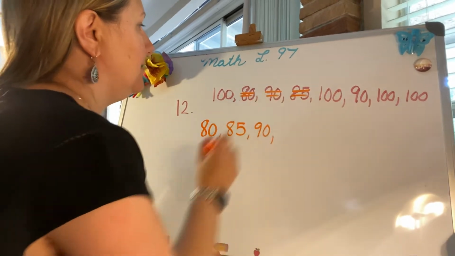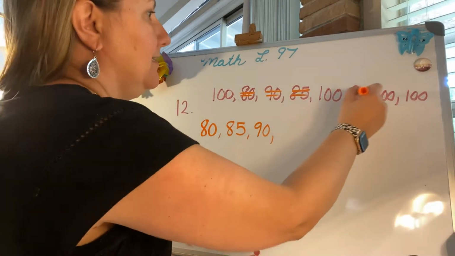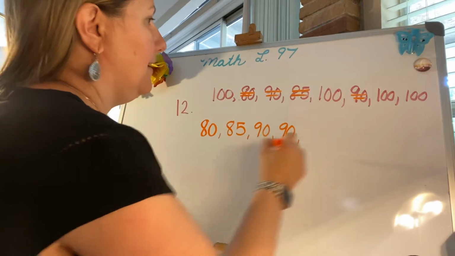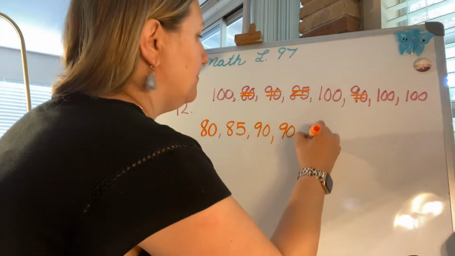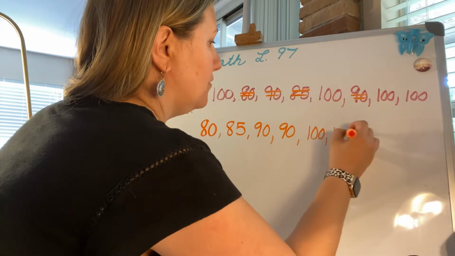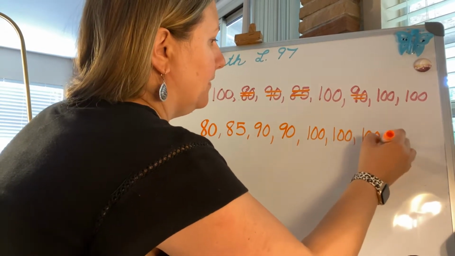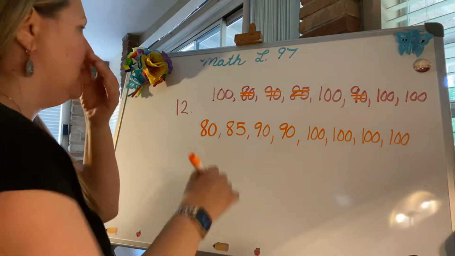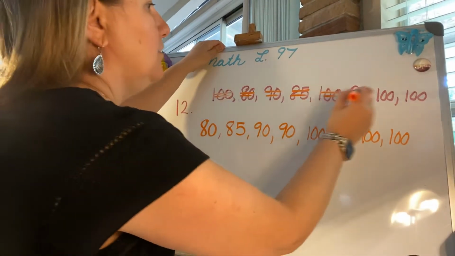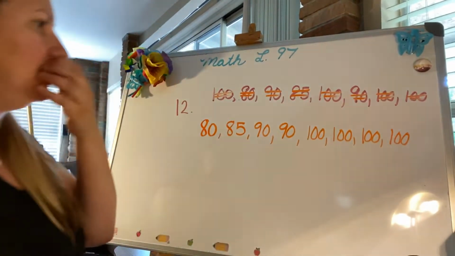I've used it. Let me get rid of it. I see another 90. Okay. And then I see 100, 100, 100, and 100, 4 times. So let me write that while you also write it. I'm going too fast. Pause, because I want you to follow along. So I wrote down 1, 2, 3, 4 hundreds.